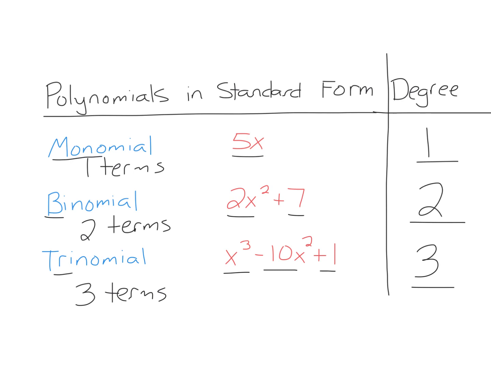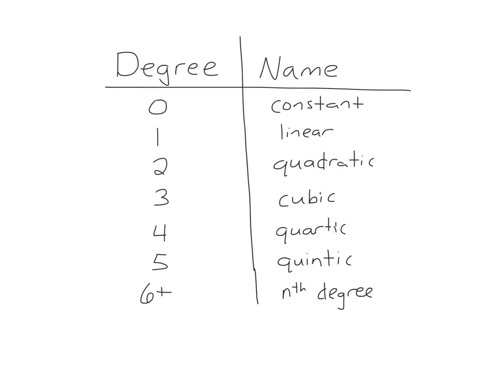Sorry, another table, but this shows you, so degree we said was the highest exponent. Okay, so I'm going to label that. Degree means highest exponent.